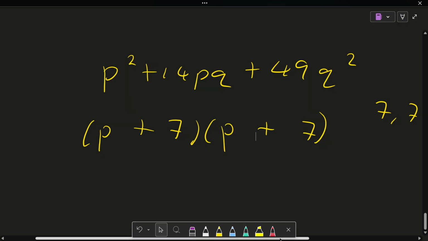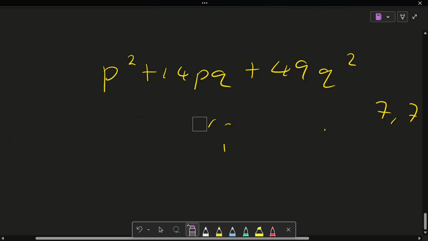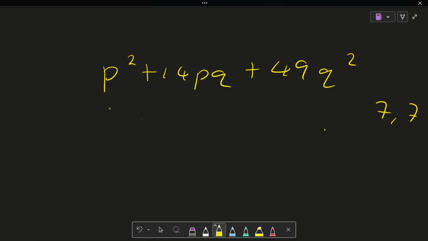Okay, hang on, sorry. This is not how it's supposed to be. So basically here it should be p and p. Since there's a q squared, here also we have q and q.